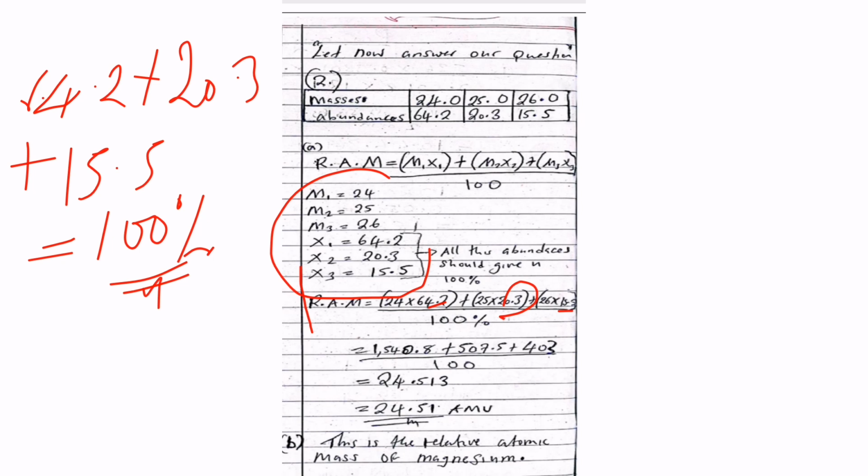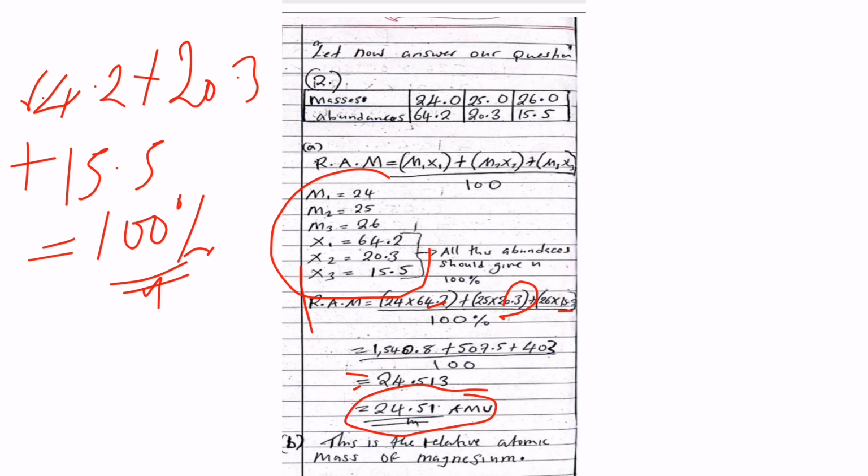When you calculate the relative atomic mass here, you find the final answer. So relative atomic mass is simple and easy; you just need to practice as many questions as possible. Another question asks you to identify the element.